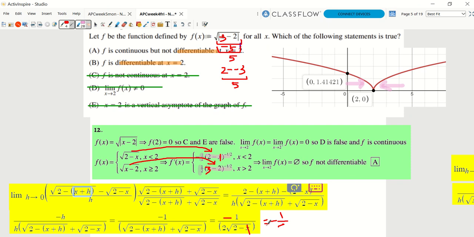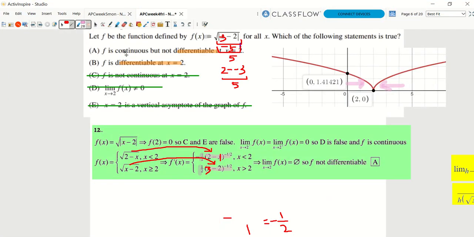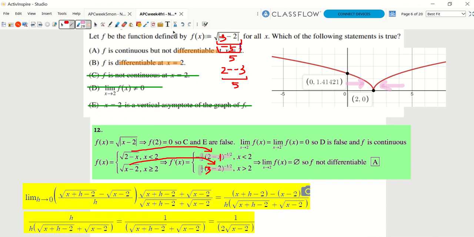Now, this one right here, I'm going to plug in 3. 3 minus 2 is 1, root 1 is 1, so you get a clean 1/2. And you can keep picking numbers, and you can see that it's not converging.